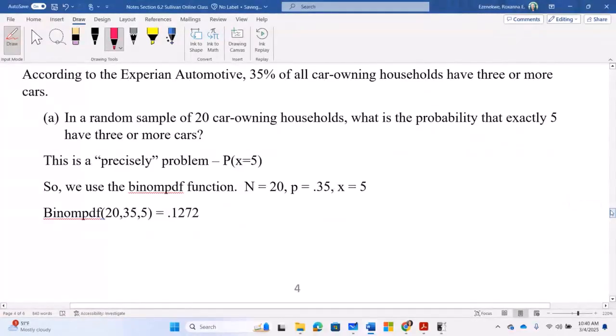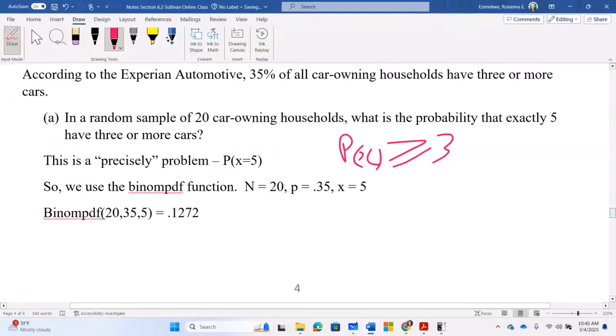Okay, so 3 or more means the probability of X is greater than or equal to 3. And greater than or equal to is area to the right.